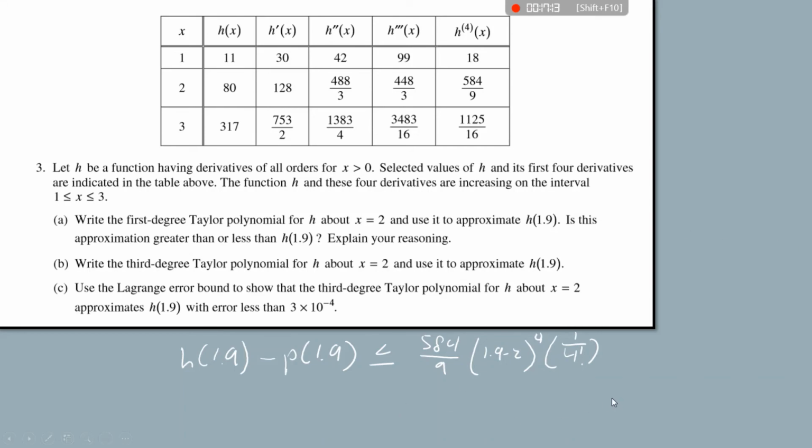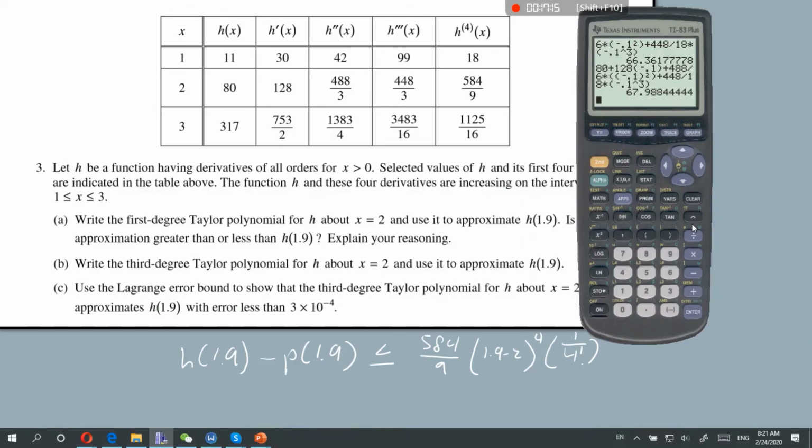So I'm going to throw that in my calculator again. This is 584 over 9 times negative 0.1 to the fourth power. Be a little bit more careful with my parentheses this time. Times 1 over 4 factorial, I think I'm just going to write this would be 24.